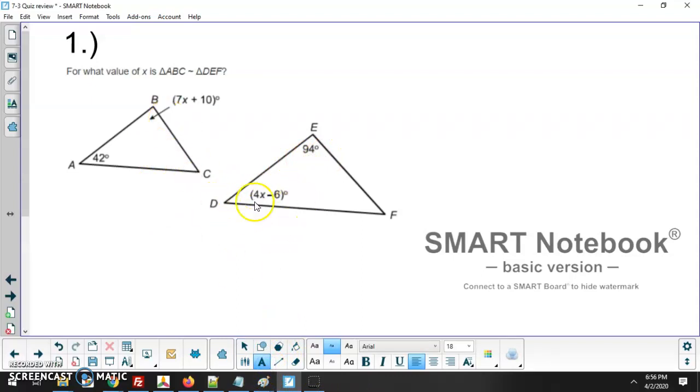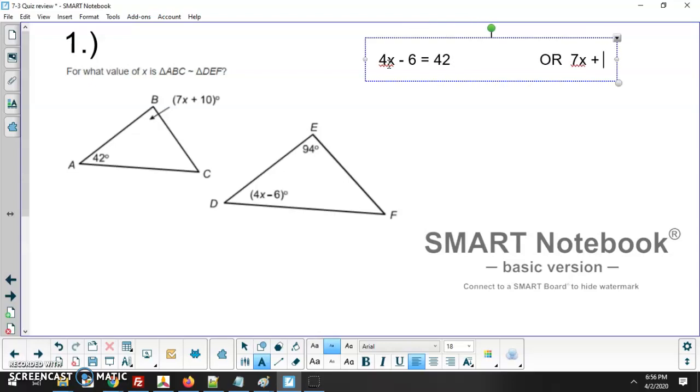So what you don't want to do is say that angle B is equal to angle D, because these are not in the same position. But you could do 4x minus 6 equals 42, because angle A and angle D are in the same position. Or you could do 7x plus 10 equals 94, because those are in the same position.